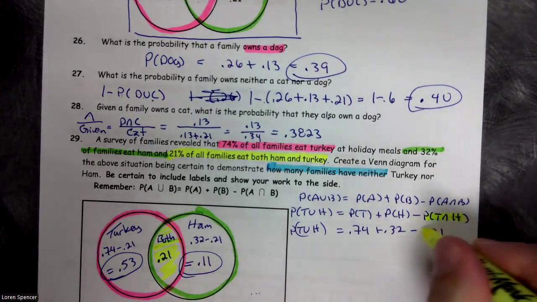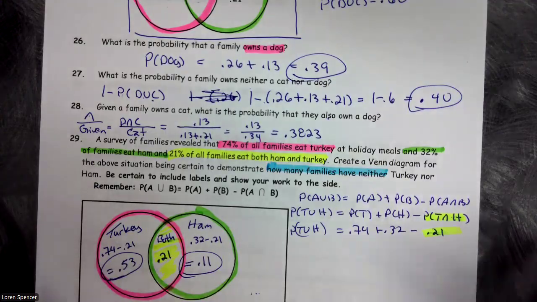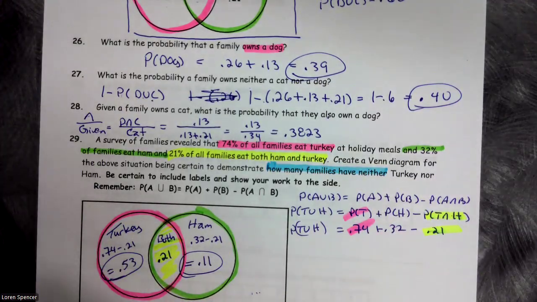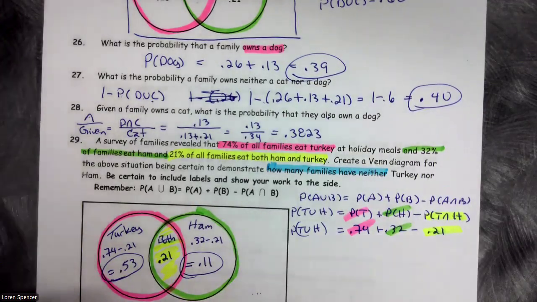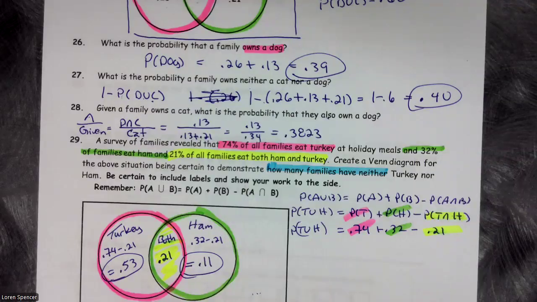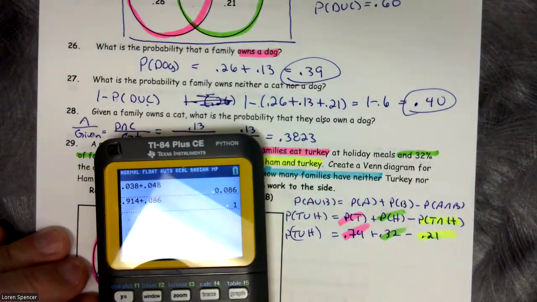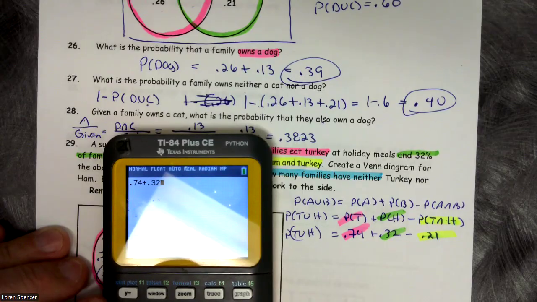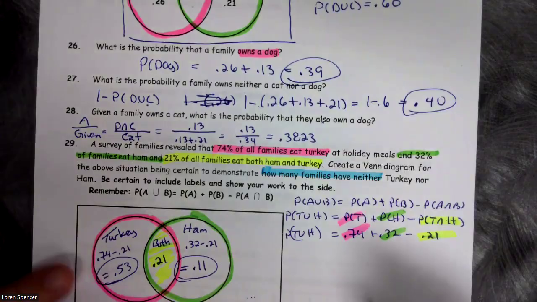So this is our both. This is turkey, and this is ham. And if I add all that up, sitting here without a calculator, 0.74 plus 0.32 minus 0.21 is 0.85.